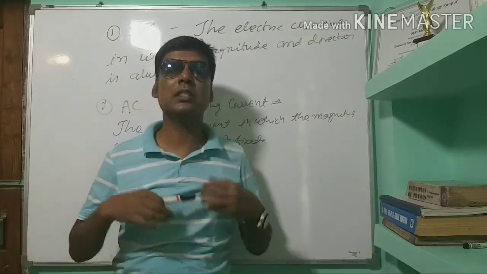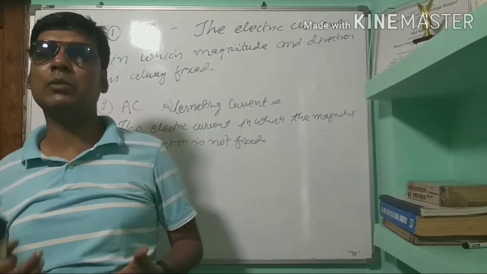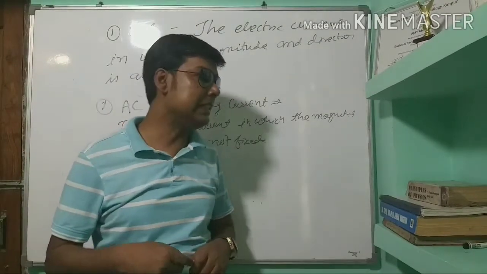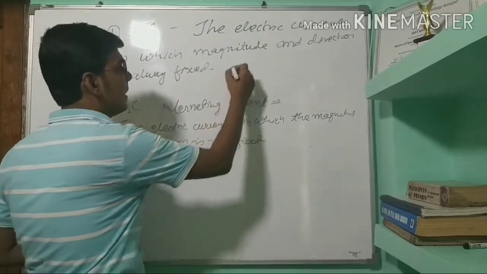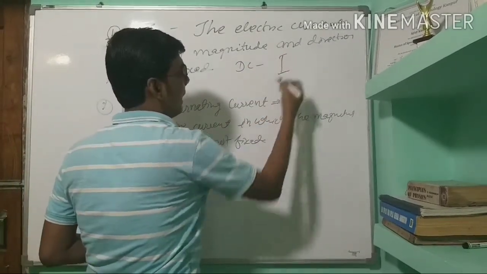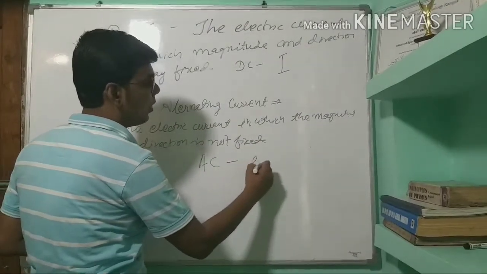And the source is the AC dynamo. Direct current is indicated by capital I, and for alternating current, AC, we use small i.